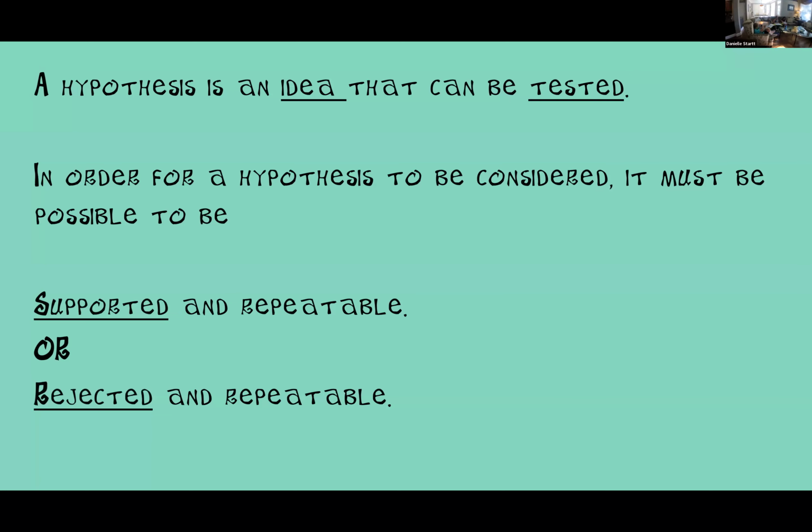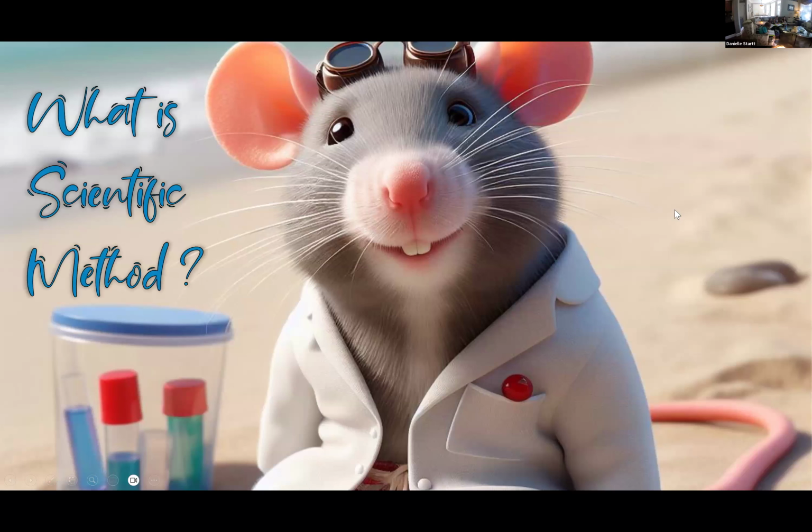We don't use the words true or false necessarily for a hypothesis. We try to say supported and rejected, or supported and unsupported, because it's a more accurate way of doing it. And it has to be repeatable because if it's not, then it could just be a fluke. You have to be able to repeat and get the same results.